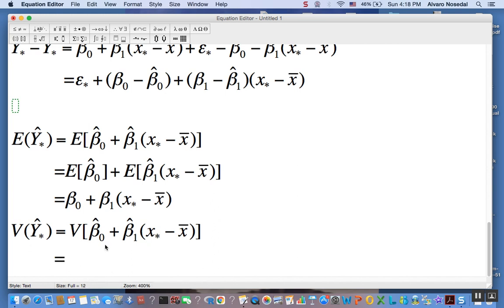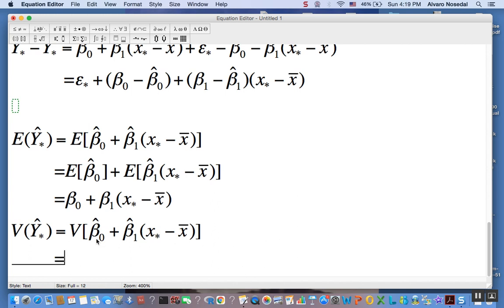This is where using that centered model becomes very convenient, because the variance of a sum will be the sum of variances, and then we will have the covariances to take into account.